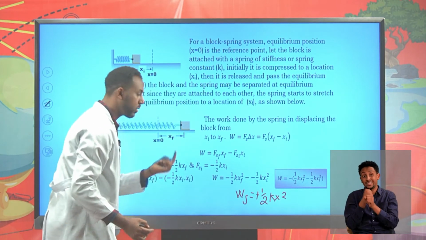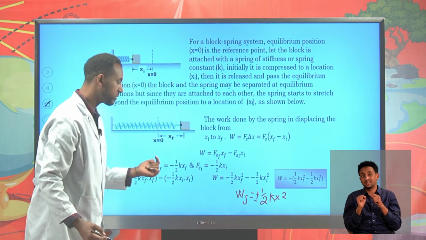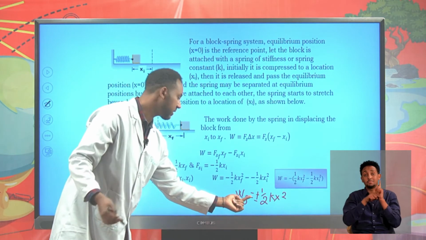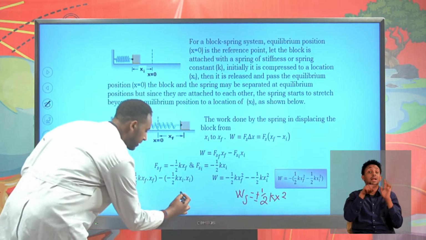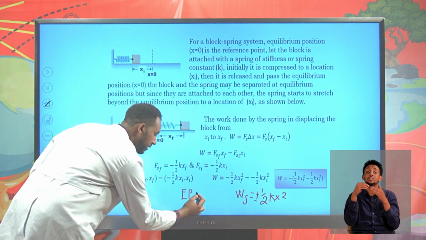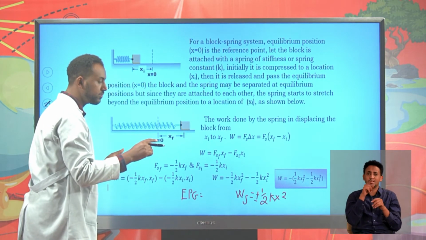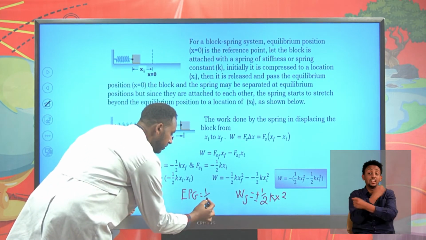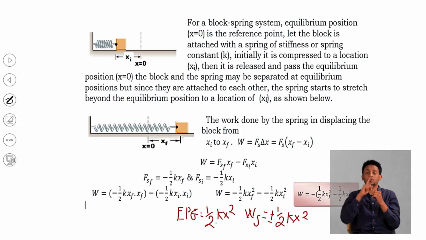Previously you have seen that work done by the spring can be given as plus or minus 1 over 2 kx squared. But for elastic potential energy, there is no negative energy. If you find a negative, it means something out or in. But energy on a spring is always given as 1 over 2 kx squared.